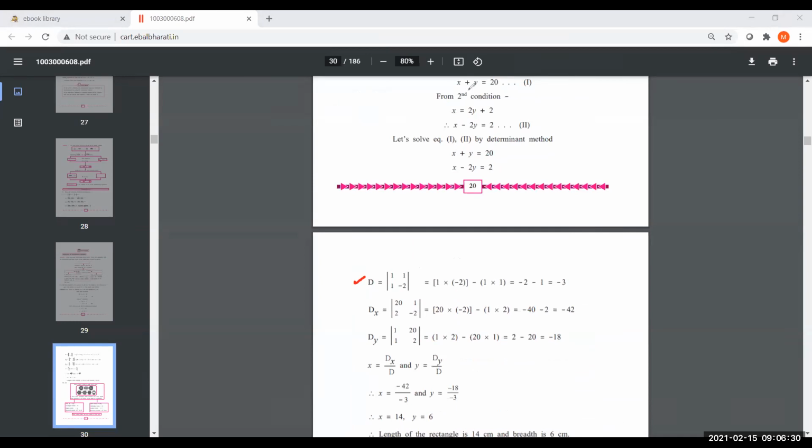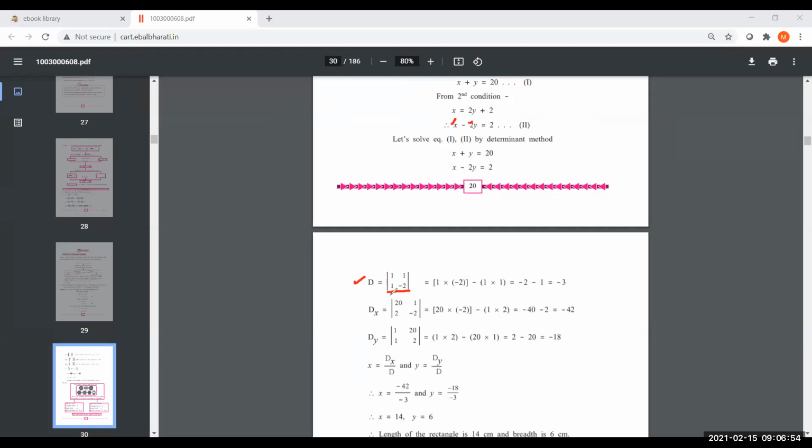So the coefficients of x and y are 1, 1. Then for the second row, we write the coefficients of x and y from the second equation. Here the coefficient of x is 1, and the coefficient of y is minus 2. So we take 1 comma minus 2.